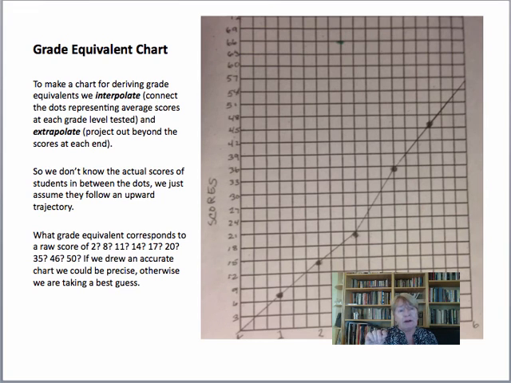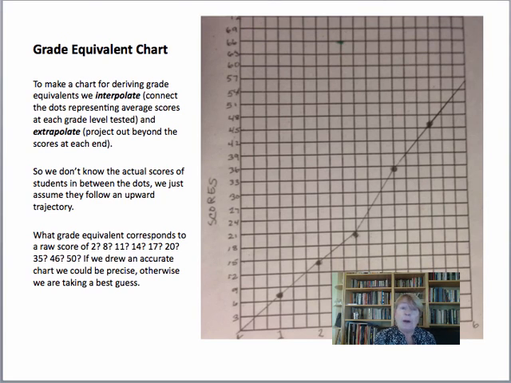Draw a line horizontally over to my sloped line, and then go down. And I would find that a score of 8 is slightly above the average score of beginning first grade. So it's in that first quarter of first grade. So maybe it's first grade, first or second month would be the grade equivalent for that score.